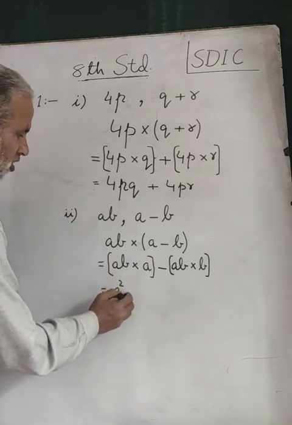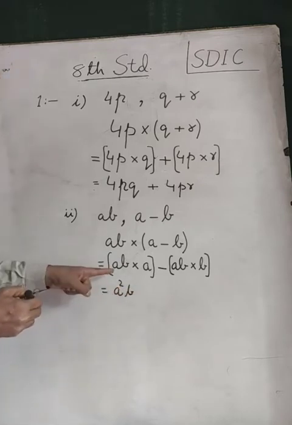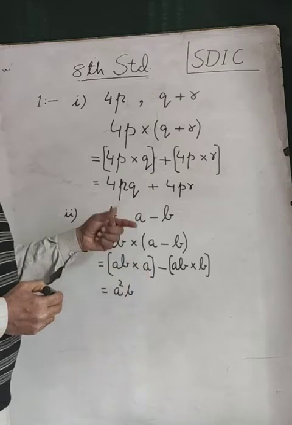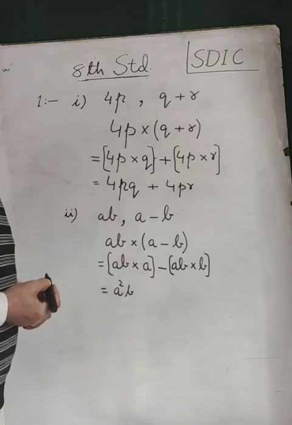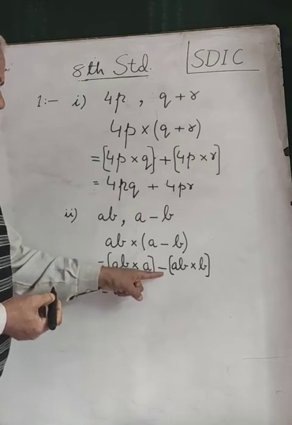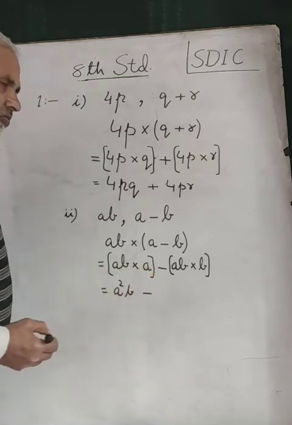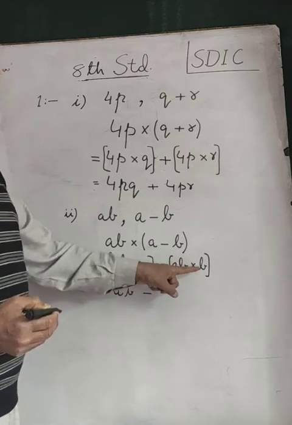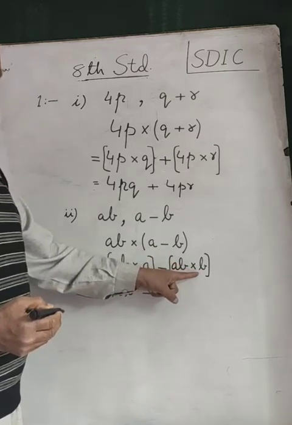But B will remain as B because B is only in one expression. The second expression does not have B. It will be B raised to power 0 there if you would like to do that. No need of doing. It will remain as B. Then there is a minus sign. Here also, when you multiply coefficients, it will remain as 1, because both the expressions have 1 as coefficient.